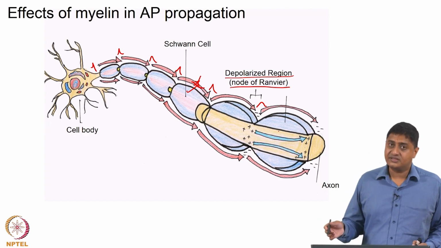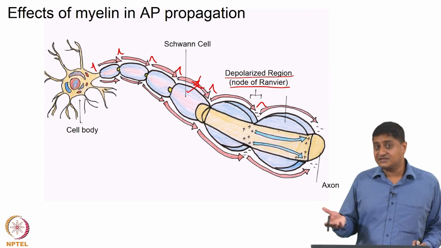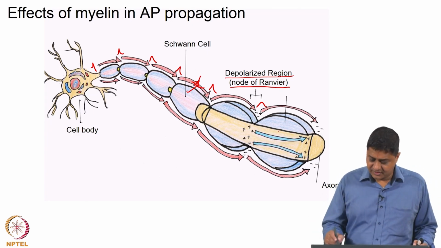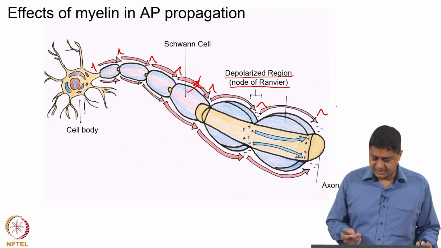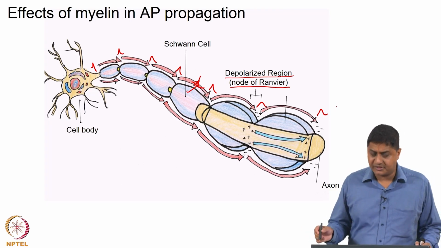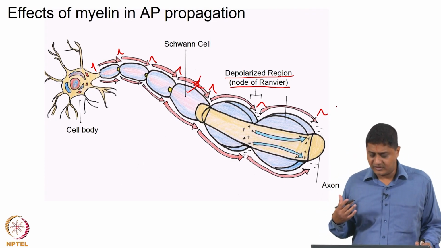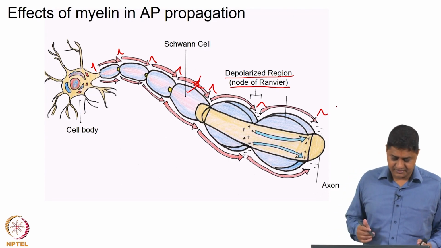And let us remember that there is an increased density of voltage gated sodium and potassium channels in the nodes of Ranvier when compared with the rest of the membrane. So, this increases the probability that there is going to be an action potential at the node of Ranvier. So, this is what happens. Basically, myelin increases the probability that an action potential is going to be propagated. Actually, it increases that by a very high number, right. So, basically it increases conduction velocity, it also increases the length constant, right.